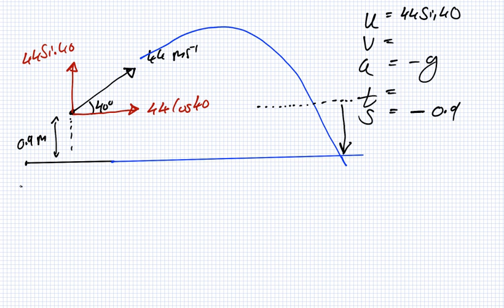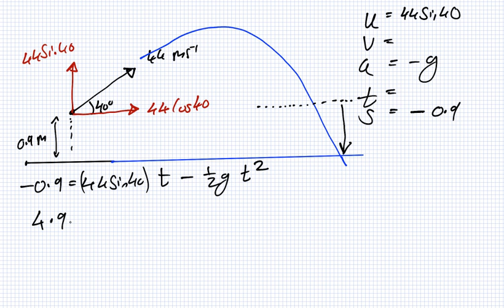So using the formula, s equals ut plus a half at squared. So this can be simplified to 4.905 t squared minus 44 sine 40 t minus 0.9 equals 0.